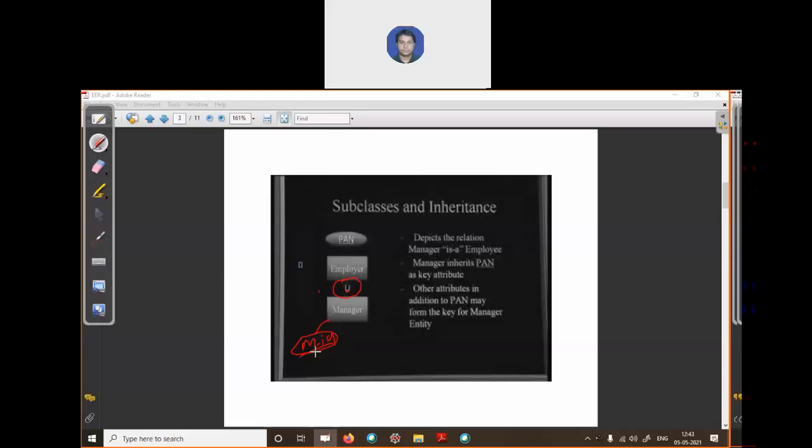The MID will not be retained by employee, but PAN number will be retained by manager. Are you getting my point? What I want to say here is, when employee has some key, it will be retained by your subclass, manager. But when a subclass defines its own key, it will not be retained by its superclass. Means the MID will not be inherited by employee, but PAN number will be inherited by manager.